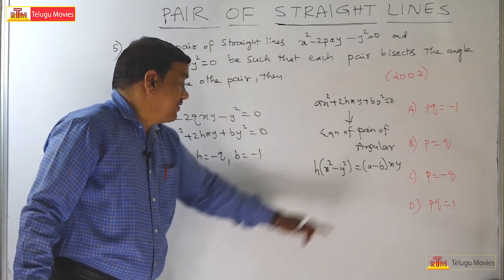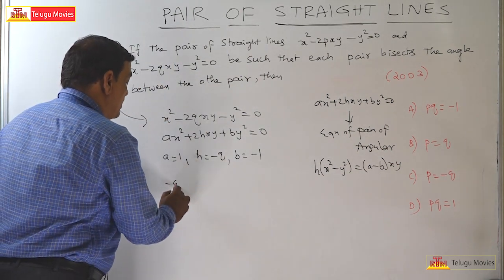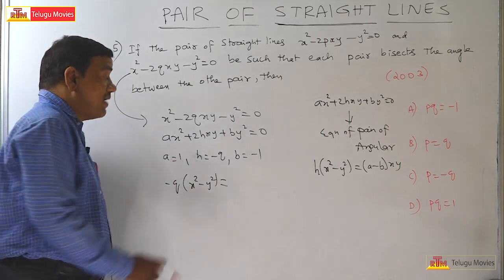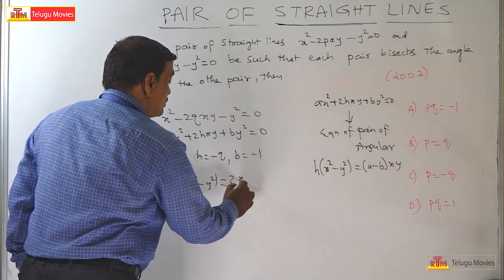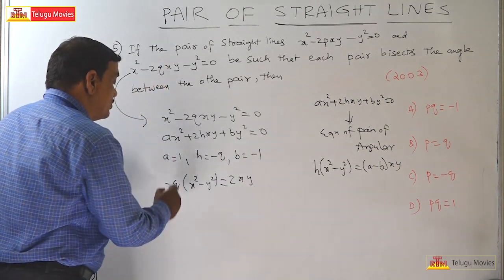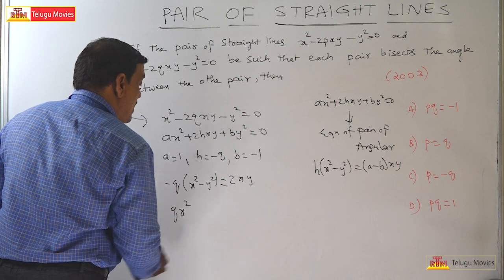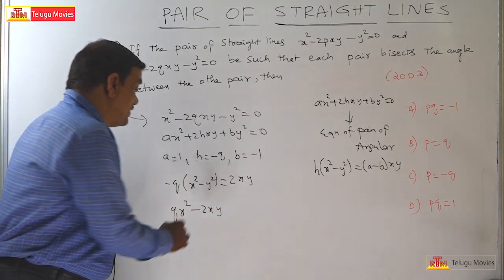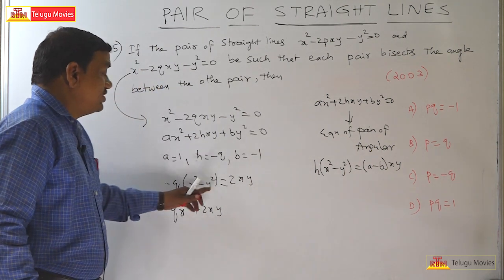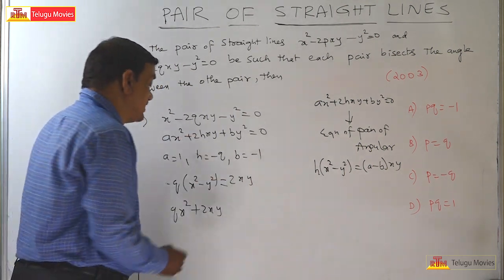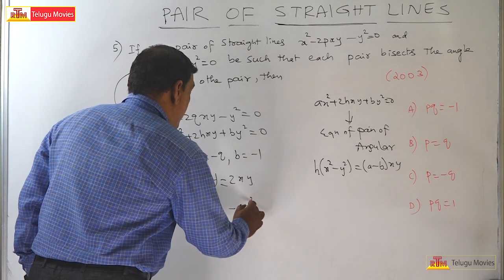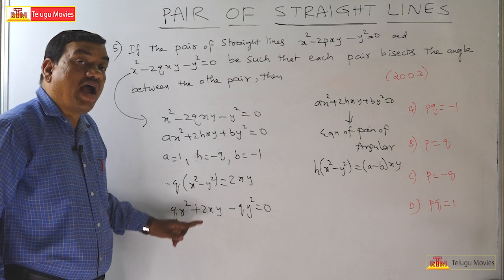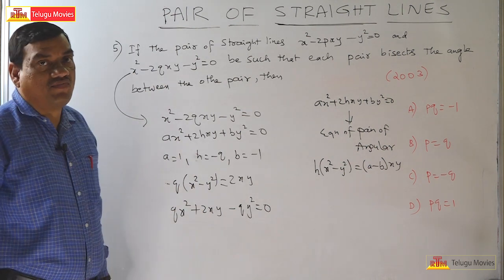Now substitute: h into x square minus y square is equal to a minus b times xy, that is minus q into x square minus y square is equal to 2xy. Taking to that side, this is qx square minus 2xy, already plus 2xy is there, so minus into minus is plus, and if it goes that side, minus qy square is equal to 0. So this is the equation of the angular bisector of the second pair of lines.